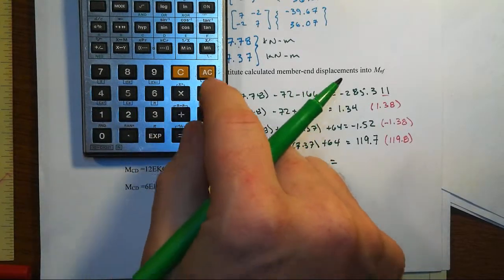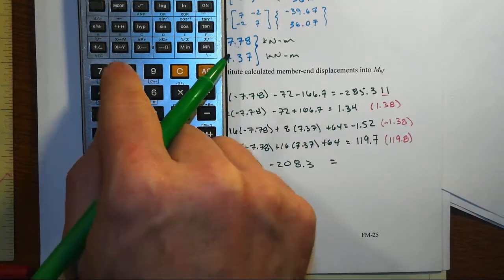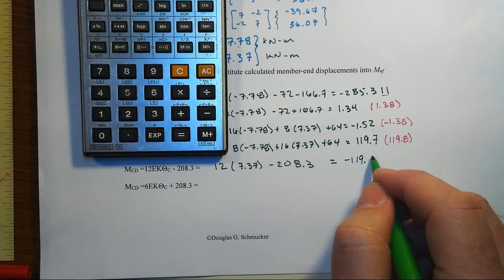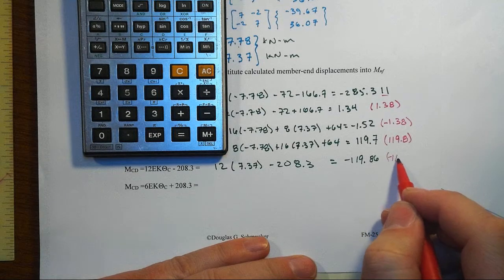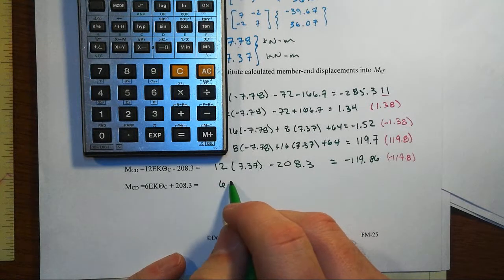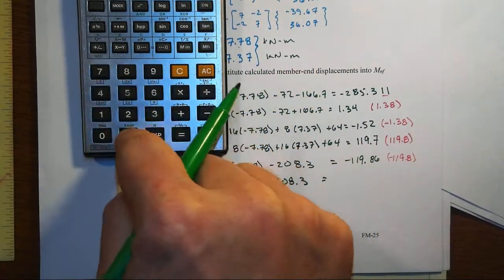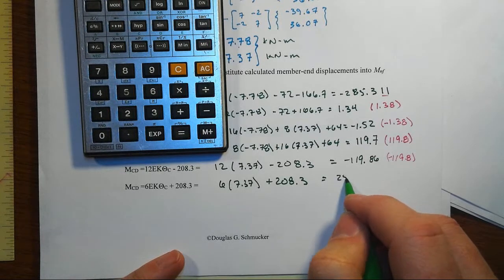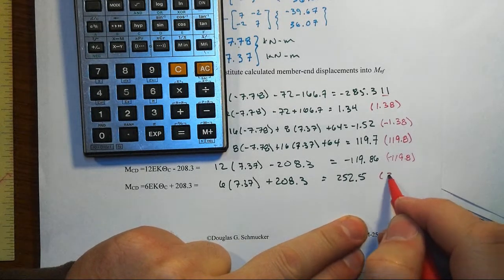And we get the last ones. 12 times, oops, that's probably what I did the other time, a plus instead of a multiplication, minus the 208.3, and we get minus 119.9 after rounding, which starts to say it's supposed to be the same. If you do it with more digits, that will be a lot better. And then the last one: 6 times 7.37 plus the 208.3, and we get a positive 252.5, and with more accuracy, 252.6.